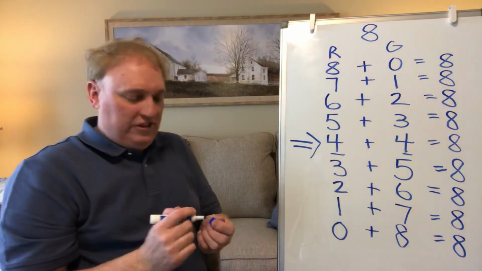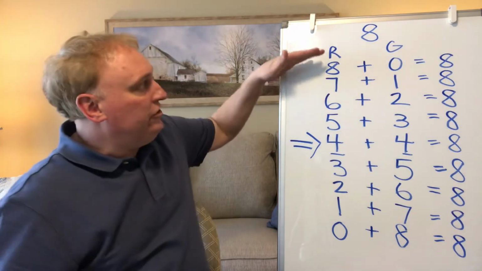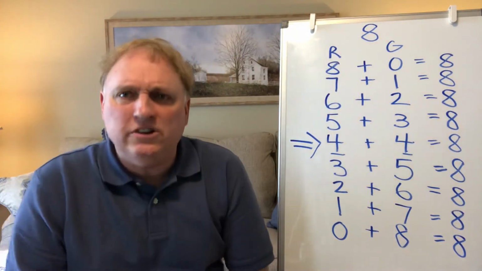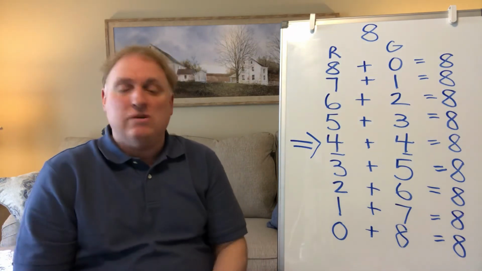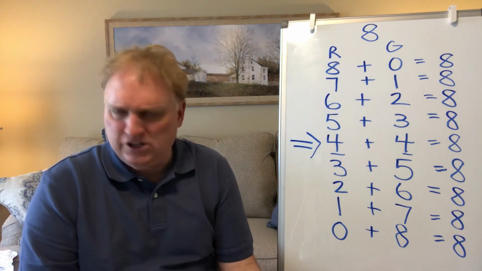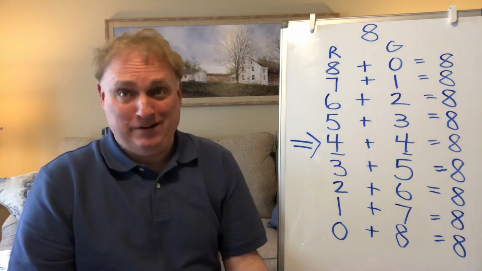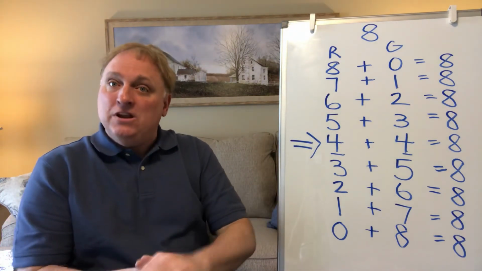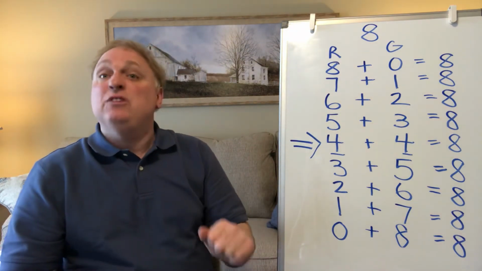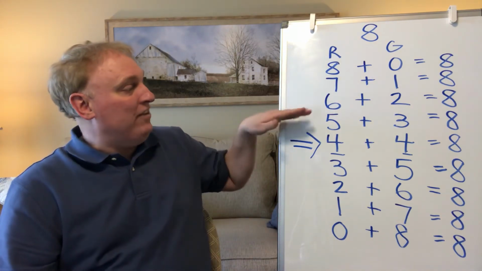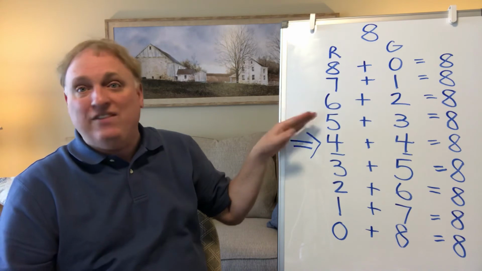So, boys and girls, these are all the different ways you can make the number 8. These are important because these are your math facts. This is a great way to practice your math facts. If you have 8 coins of any kind, quarters, nickels, dimes, I usually only have pennies laying around, but if you have 8 pennies, you can put them in a cup, mix them up, and say, I'm going to do this 10 times and see how many times I get 5 heads and 3 tails, or 5 tails and 3 heads.